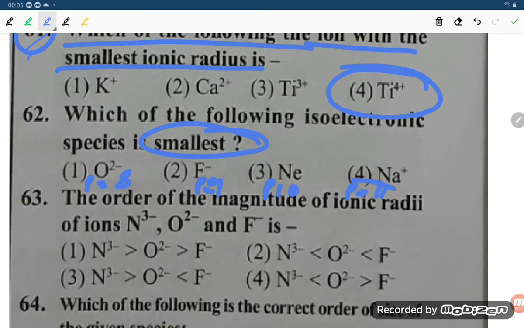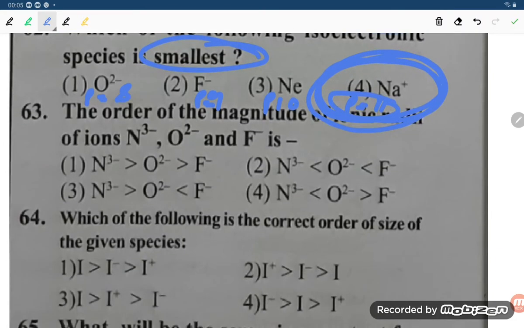So 11 positive charges are attracting 10 electrons, while 8 protons are attracting 10. In which will the attraction be more? Attraction in option number 4 will be more, where 11 positive charges are attracting the 10 negative electrons.